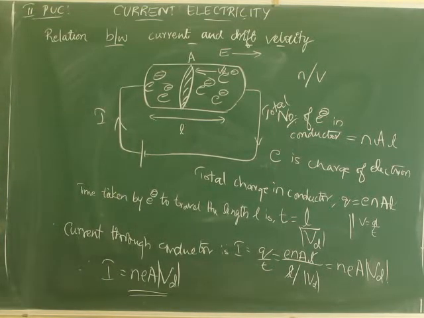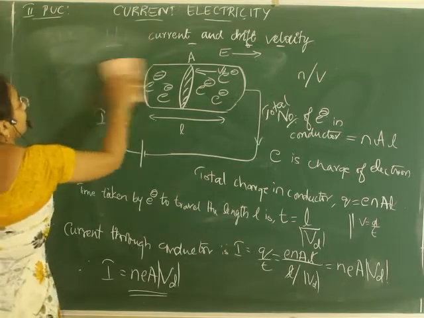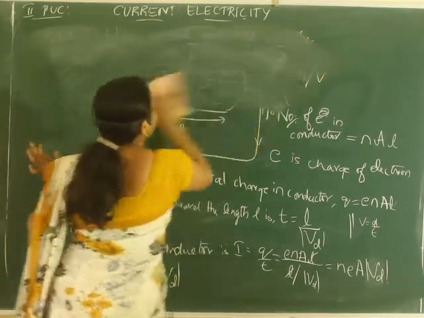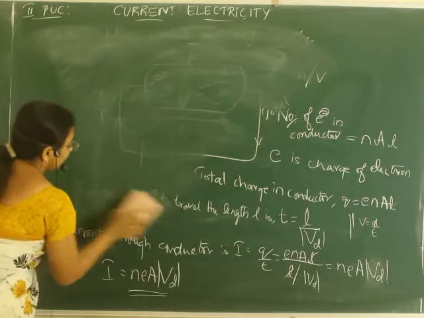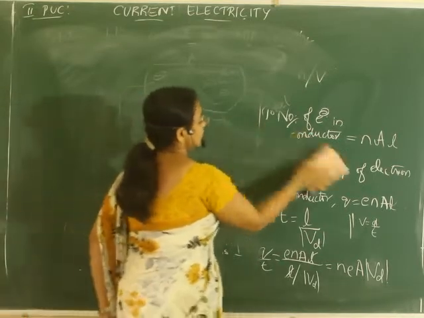Okay? Next. The next concept we are moving to is the relationship between current density, conductivity and resistivity. What do you mean by current density?